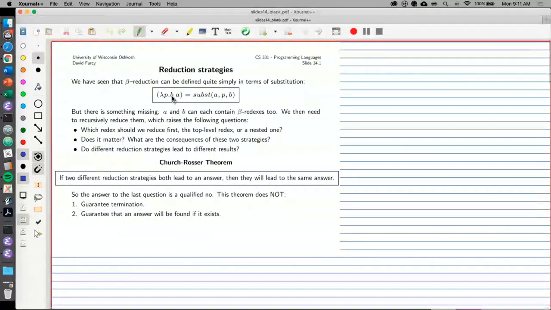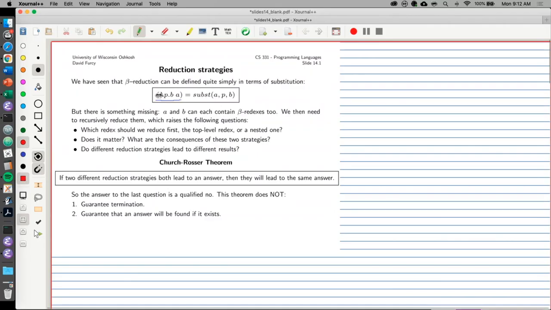That's what a beta reduction is. This is a beta redex, and we're going to underline those beta redexes before we reduce them in the assignment.